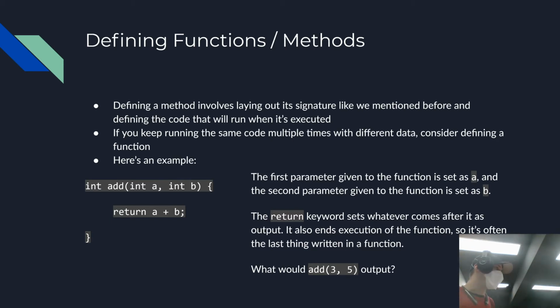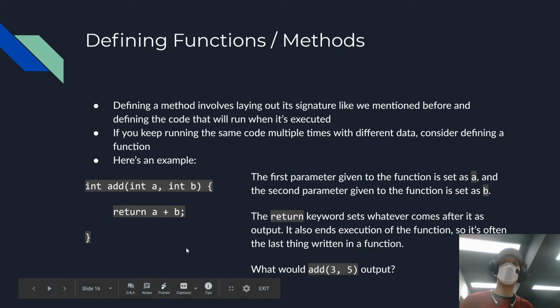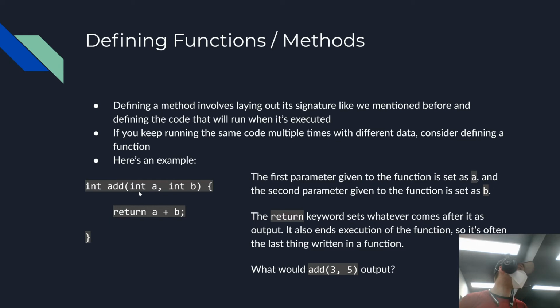Previously, I explained to you the signature, the output, the name, the inputs, right? When defining a function, you do the same thing, okay? This is actually a function definition right here. This is an example. We have the output type here, the function name here, and the inputs in between the parentheses, okay? Now, remember, a function can also accept no inputs. It can just be open parenthesis, close parenthesis. That's no problem, okay?